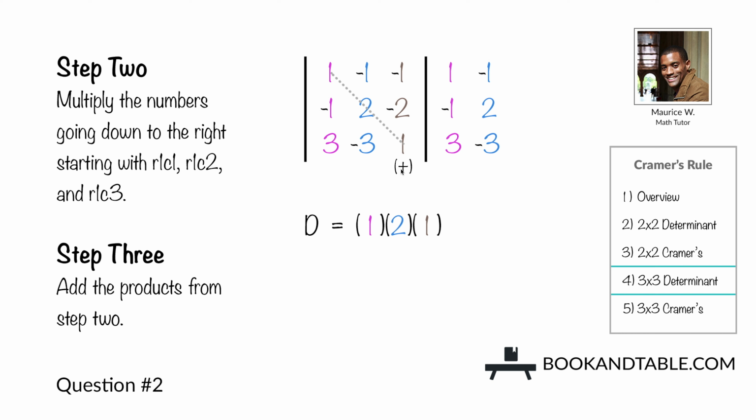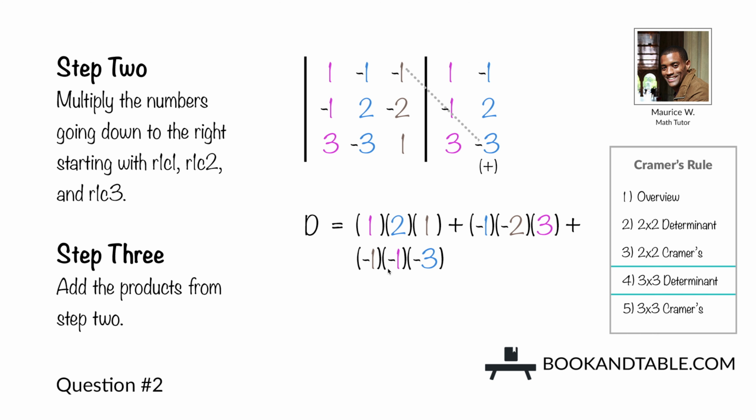So we'll place a positive sign in front of each one, giving us 1 times 2 times 1, plus negative 1 times negative 2 times 3, plus negative 1 times negative 1 times negative 3.